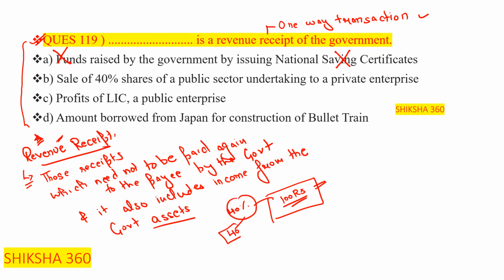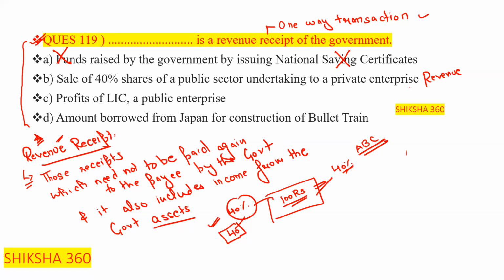The government gets 40 rupees and the 40% share goes to the ABC enterprise. So is that a revenue receipt, because the government does not have to return that money?